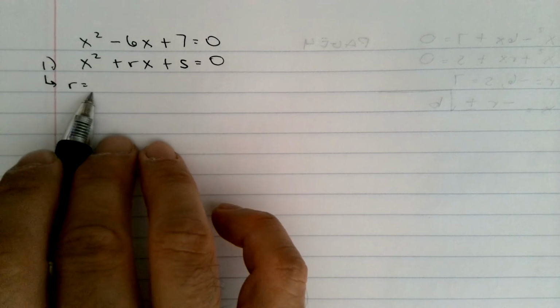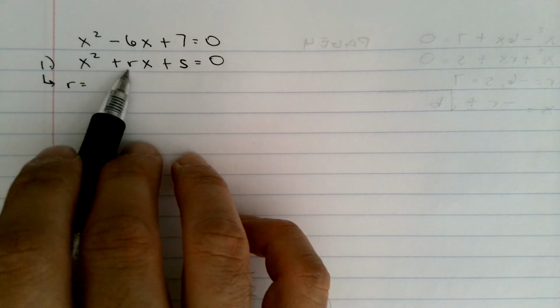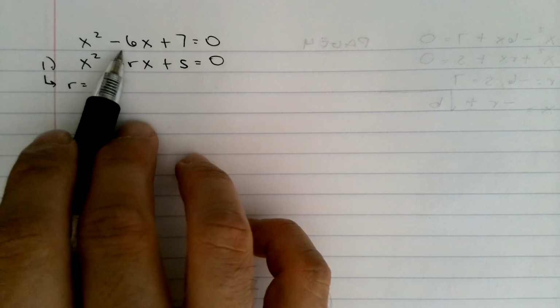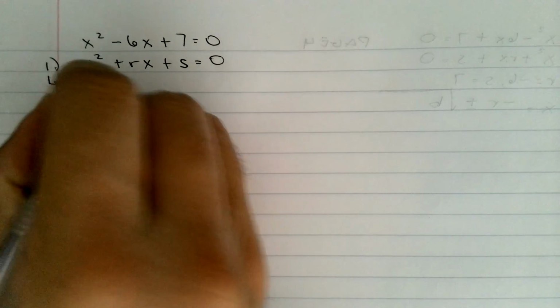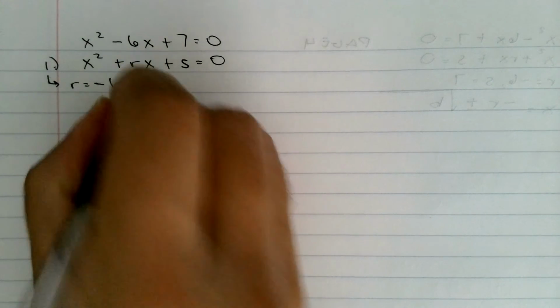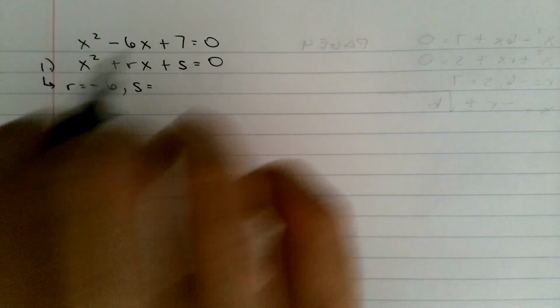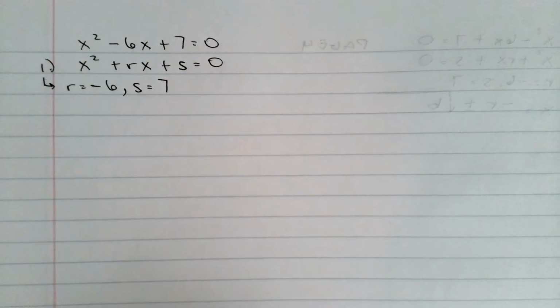So we should only have a number. We are not including the letter x. In this case, the number in front of the x for our given equation is -6. That's our r value. Our s value is strictly the constant, the only term that is a number. It doesn't have an x attached to it. In this case, it's the number 7, so s is 7.